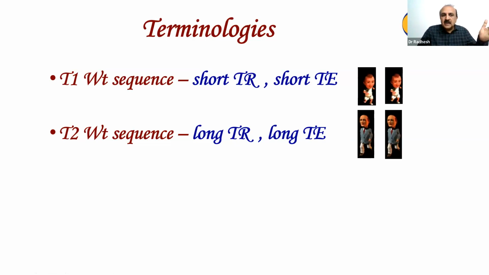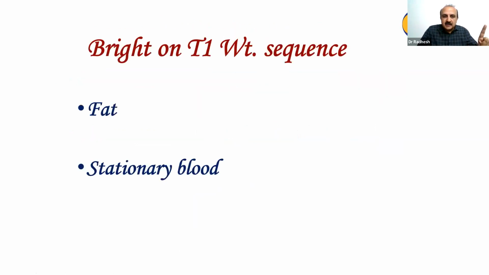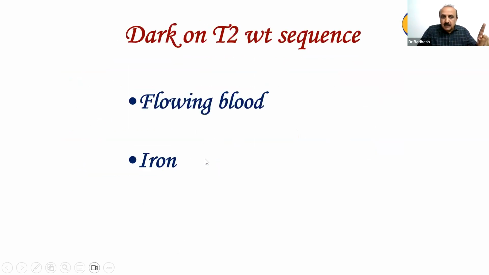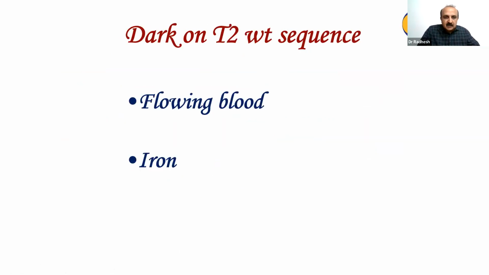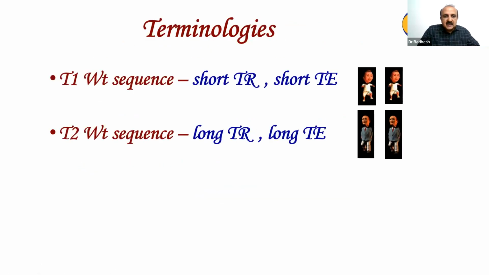And even there is no point in the radiologist mentioning, oh, it's a long TR sequence, long TE sequence. What do the clinicians need? The clinicians need to know whether it is fat, is it blood, is it flowing blood, is it iron, is it soft tissue, and so on. Okay, so for that, we use these sequences, T1 weighted, T2 weighted.